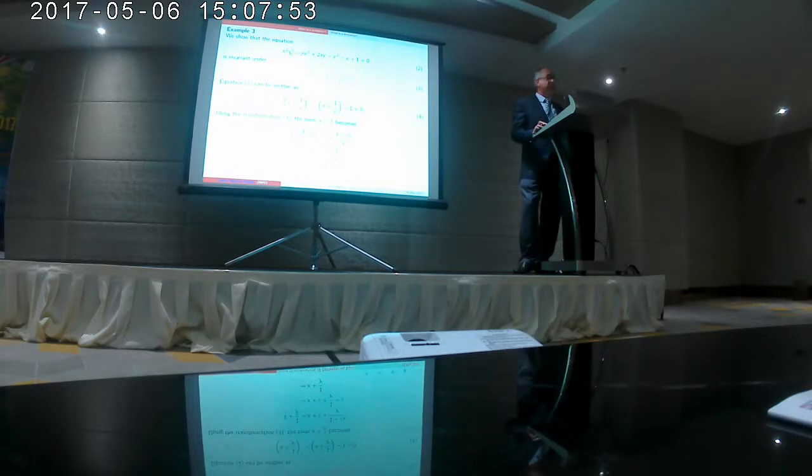Now we consider an equation in x and y, and we show that this equation is invariant under this transformation 3. So equation 2 can be written in this form, and now we consider x bar plus 1 over y bar. We write the values of x bar and y bar, we simplify, and we see that this is equal to x plus 1 over y.